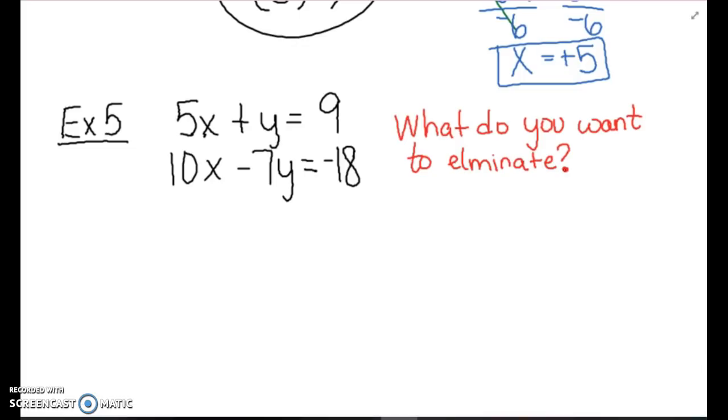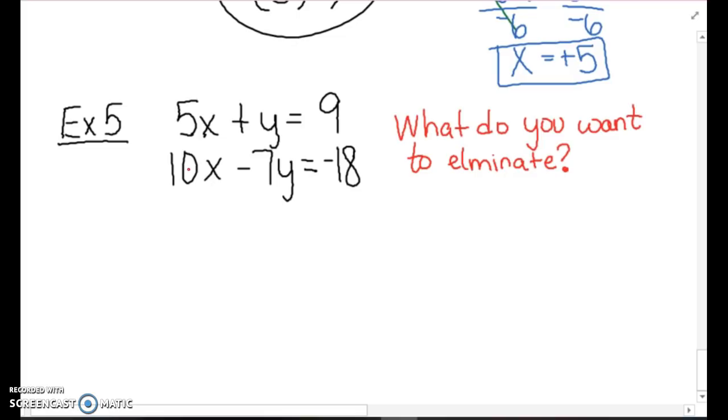So notice that here I have a positive 5 and a positive 10. And I have a positive y and a negative 7. I'm going to choose to eliminate my x's because no reason in particular. So I want this 5 to become a 10.